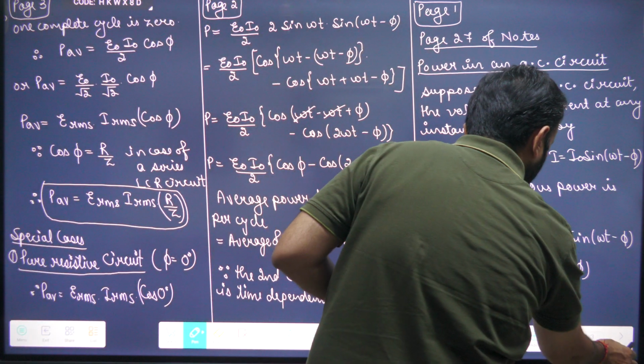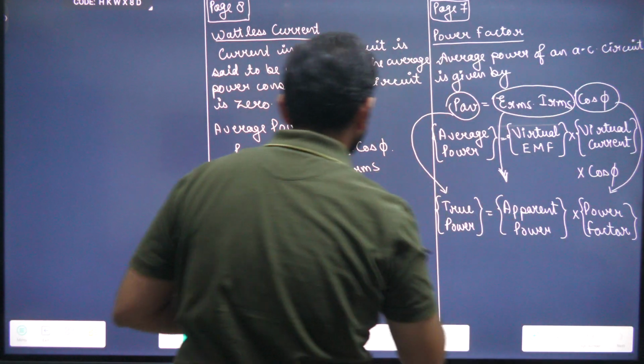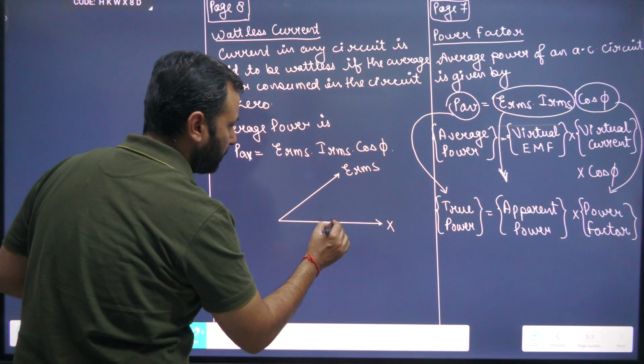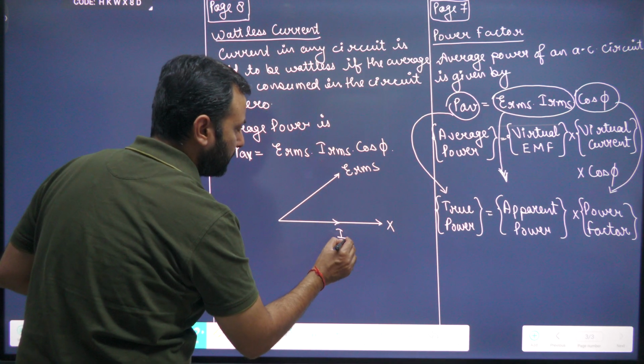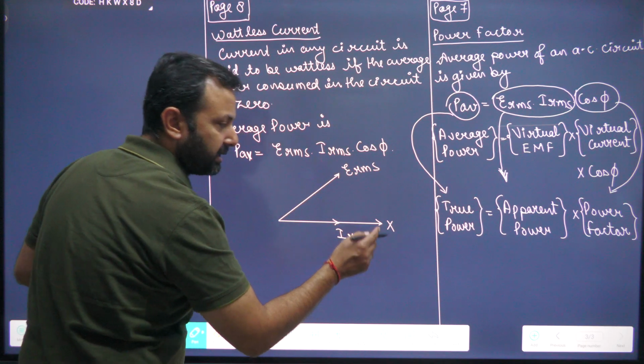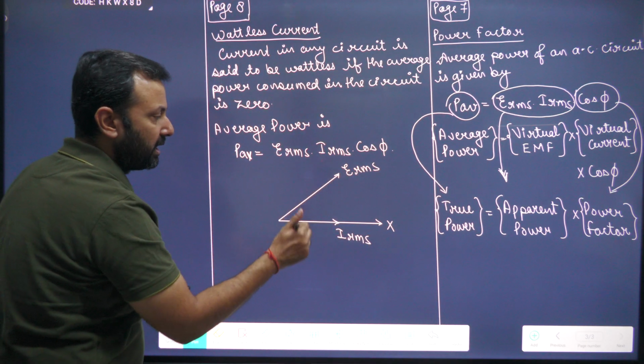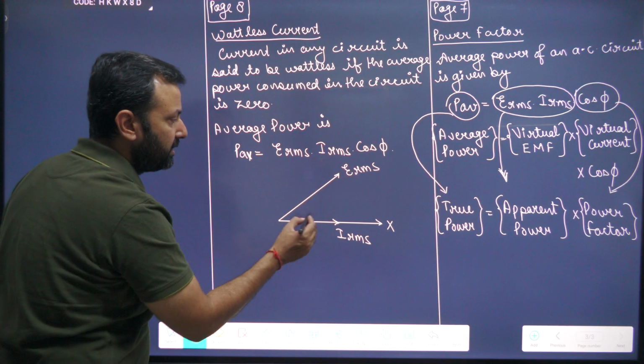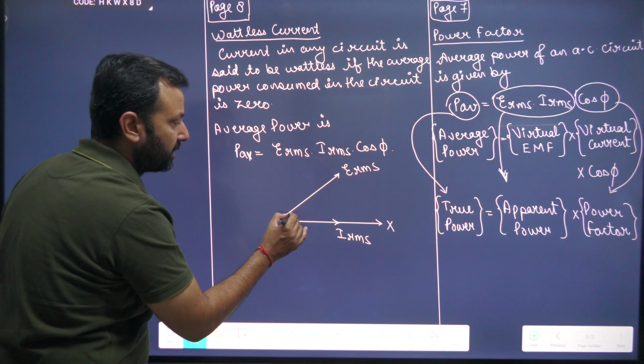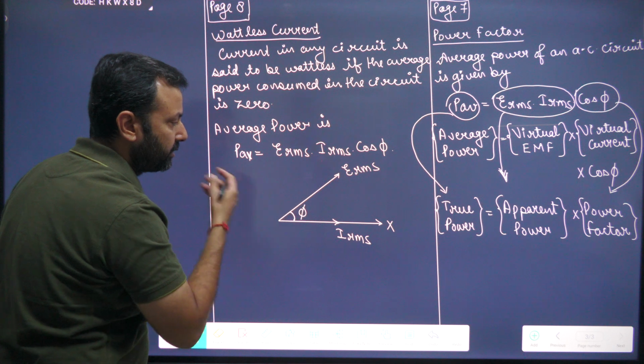So that's why I have drawn ERMS here, and I will draw IRMS here. As I told you, current is phi angle behind EMF, so I will take this angle to be phi. Is that clear to you?